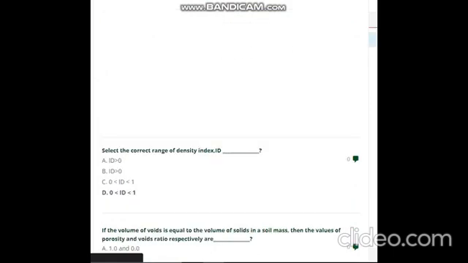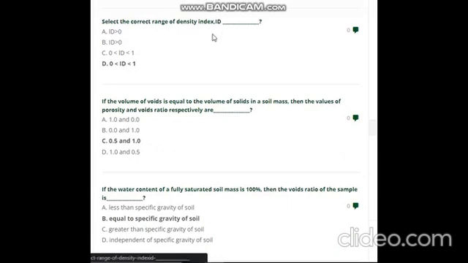Select the correct range of density index ID. Density index: 1 is greater than ID and ID is greater than 0. If the volume of void is equal to the volume of solid in soil mass, then the value of porosity and void ratio respectively are 0.5 and 1.0.